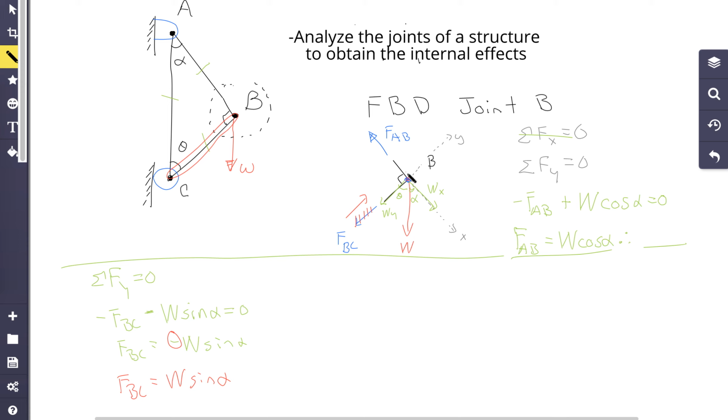Now, for planar geometry, like this structure here, this ABC structure, you only use the sum of the force in the x, sum of the force in the y. There's no moments applied to the joint. If you're talking about finding the reactions of these, then you can apply the sum of the moments, but not in the joint.